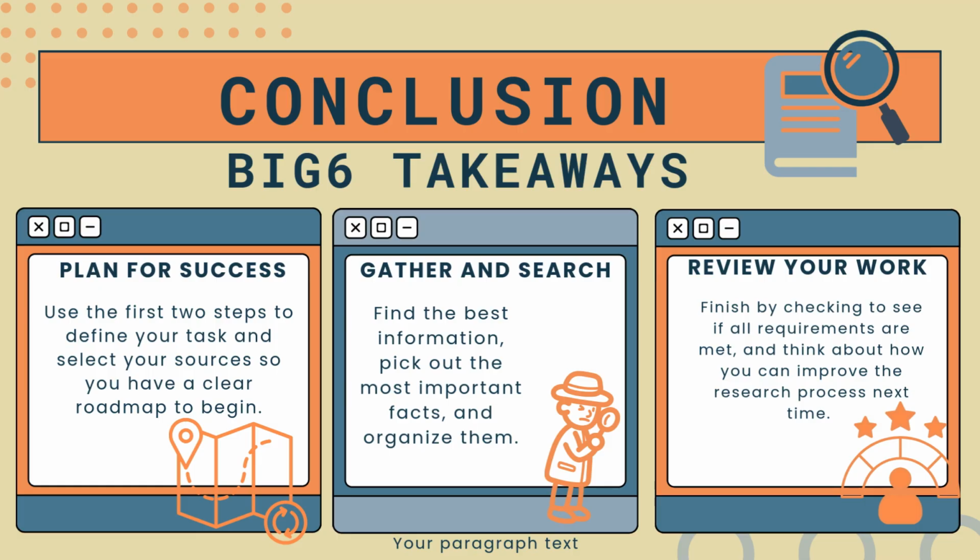Once you get through that step, you will feel prepared to start the next. You're going to gather and search. You're going to find the information, pick out the most important facts, and organize them. And then you are going to review your work. Finish by checking to see if all those requirements are met, and then think about how you can improve the research process next time.